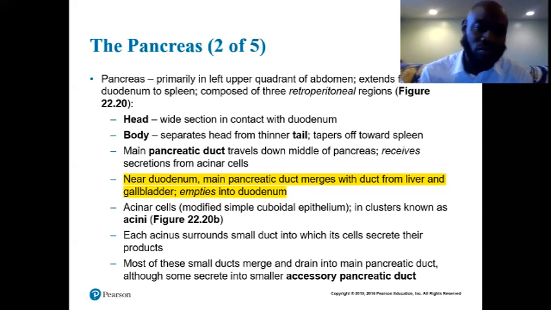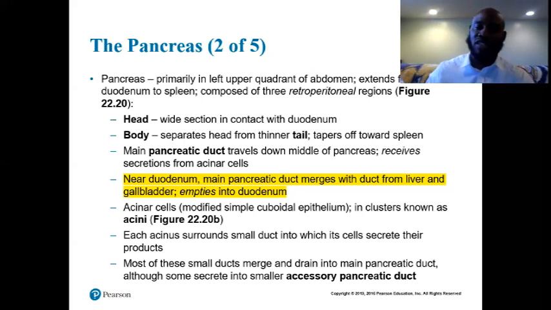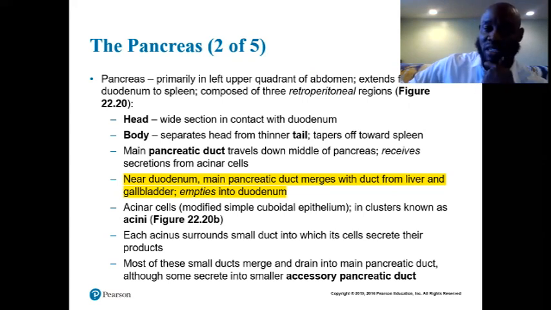Then we have the body, which separates the head from the thinner tail, and tapers off towards the spleen. We have the main pancreatic duct, which travels down the middle of the pancreas and receives the secretions from the acinar cells. And then near the duodenum, the main pancreatic duct merges with the duct from the liver, which we're going to talk about right after this, and gallbladder, and empties into the duodenum.